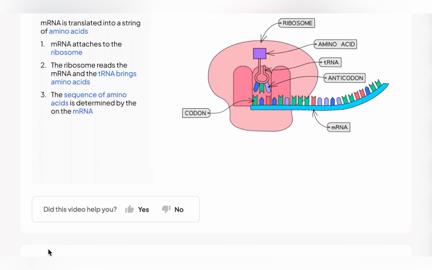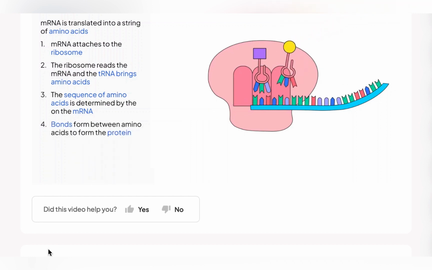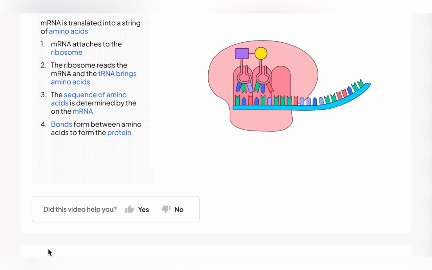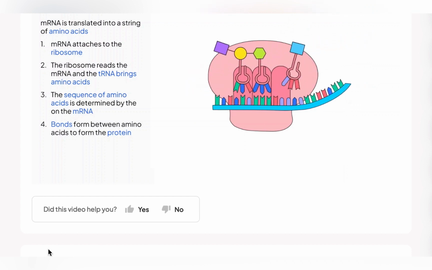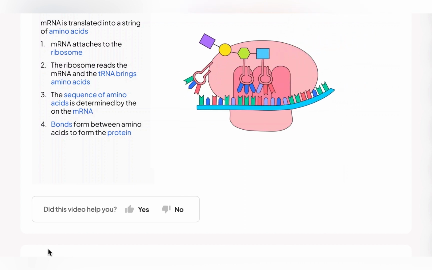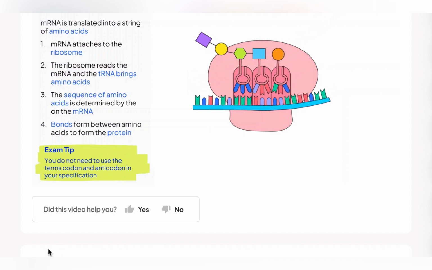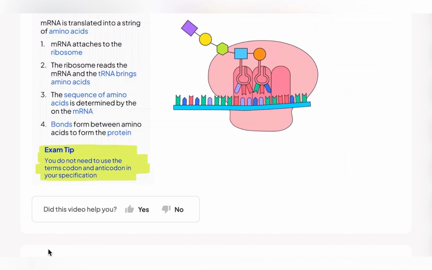The sequence of amino acids is therefore determined by the mRNA. Peptide bonds form between adjacent amino acids, and then tRNA can be returned to the cytoplasm to collect more amino acids. This continues until the entire mRNA code has been translated into amino acids. Note that you do not need to use the term codon and anticodon in your specification.